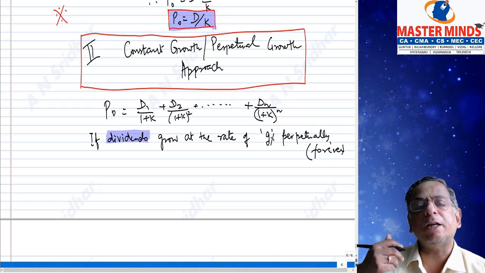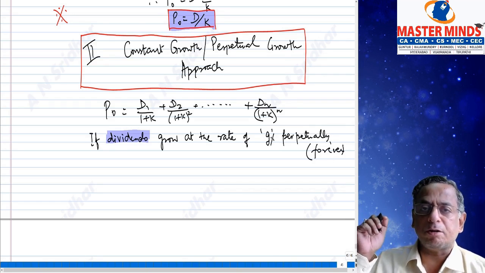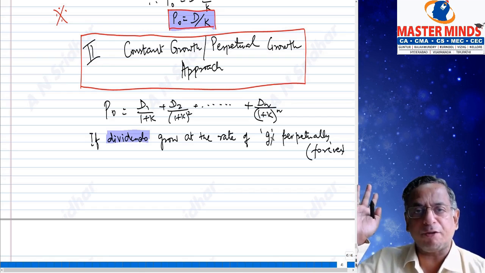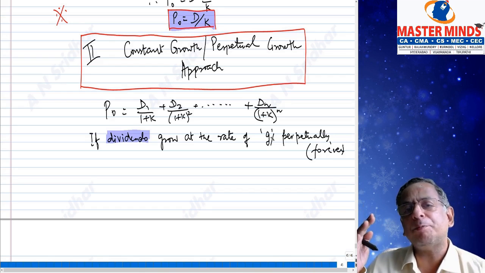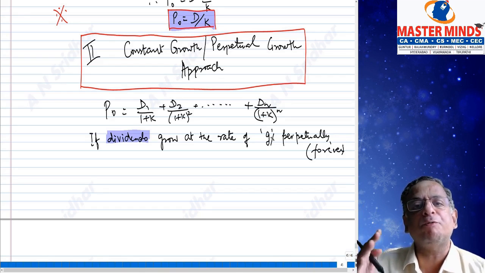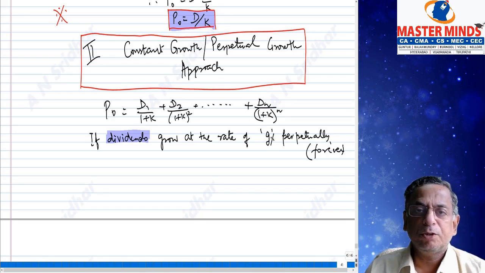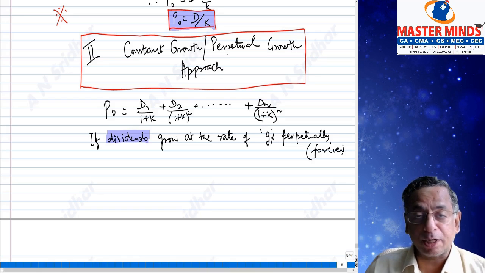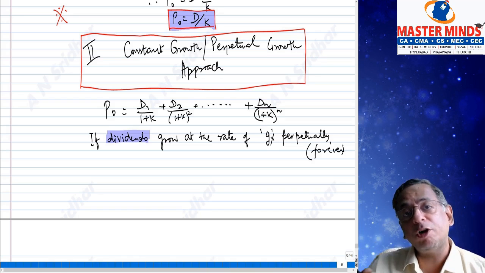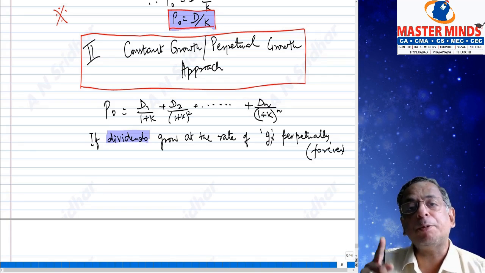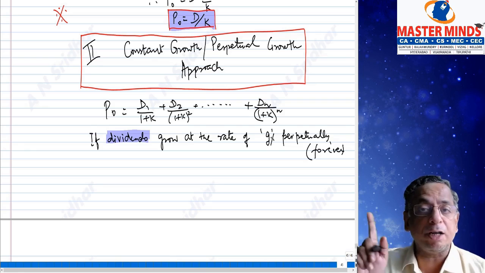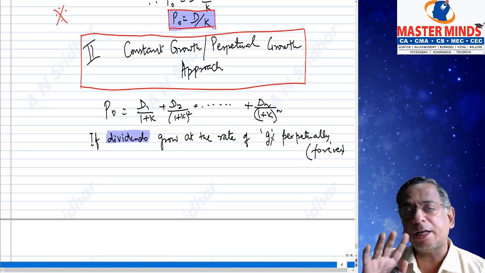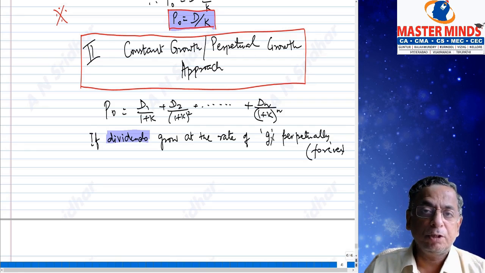So we are considering going concern. Company will keep on going forever. So we will apply the perpetual growth rate of G on dividend forever. So if the company is going to give dividend which is going to grow at G% forever. Remember, dividend is growing, not earnings, not PAT, etc. It is dividend.